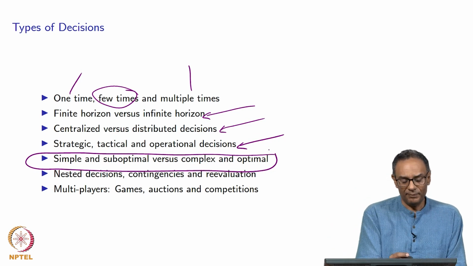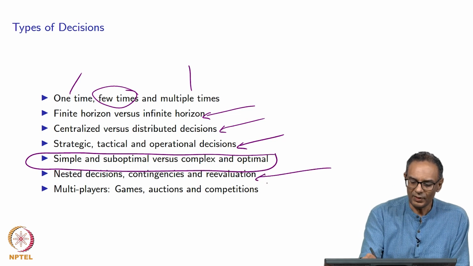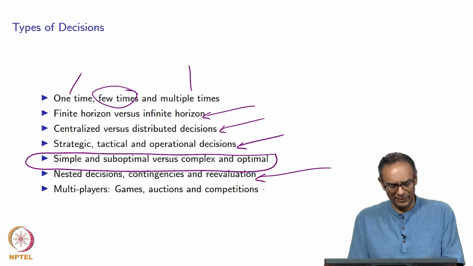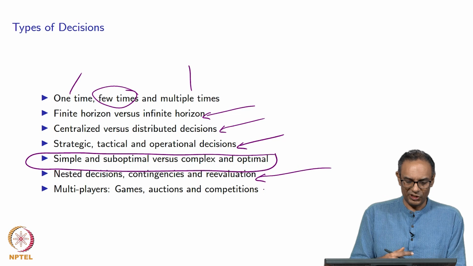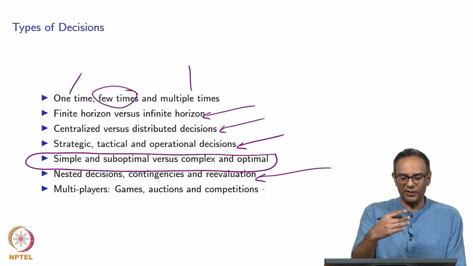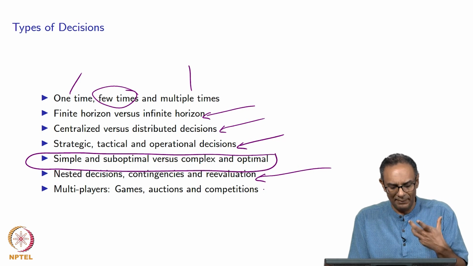Now, another important part is this issue of nested decisions. We will see a little bit of these in our course, especially in the very next topic, where you make one decision and then based on that your next decision follows. And then contingency. Let me give you an example.